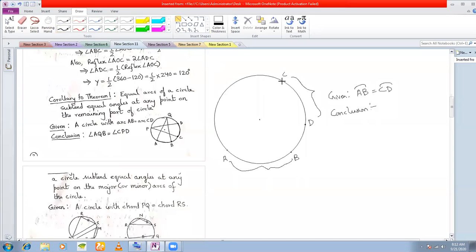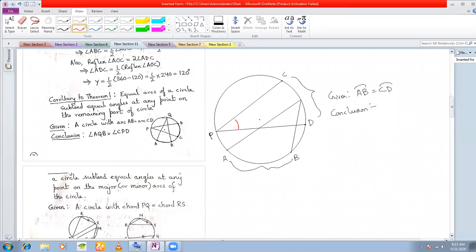So let us draw two angles. On the arc CD, we have drawn the angle CPD, that is this angle.